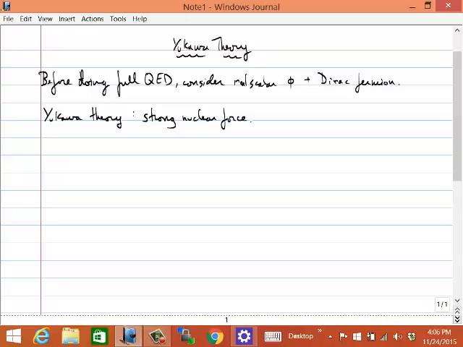Here, the fermions that we're discussing are the various nucleons, such as the protons or the neutrons that are present in the nucleus of an atom. And the bosonic field, the scalar field phi, is supposed to be the carrier of some new force, the nuclear force, that binds the nuclei together at the core of an atom.